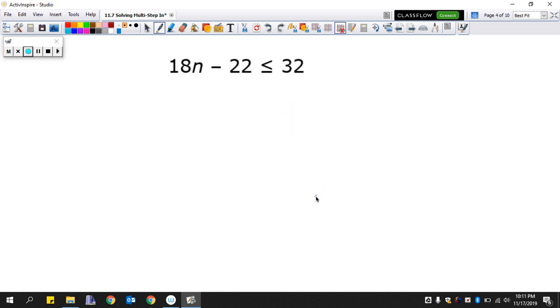Next one. Continue. Draw the line. Here we have a subtraction, so we're going to add 22. Add 22. Cancels out. Okay. We're left with 18n is less than or equal to 54. All right.